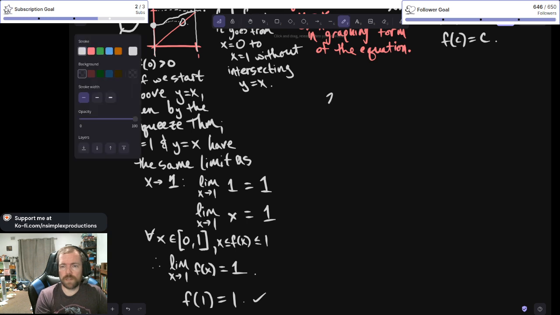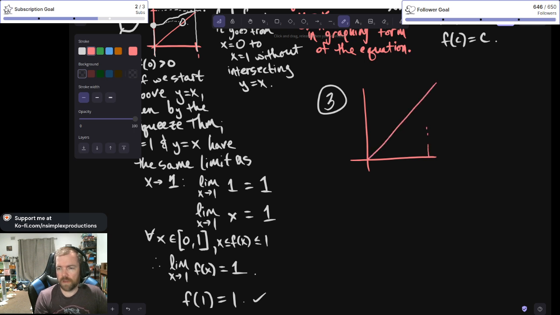Case 3 says we start with, again, y equals x here.